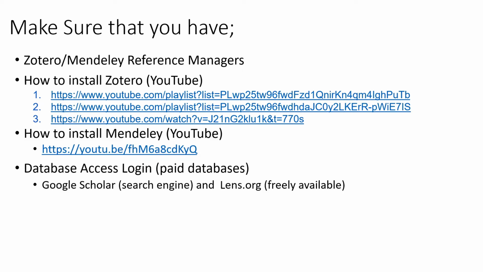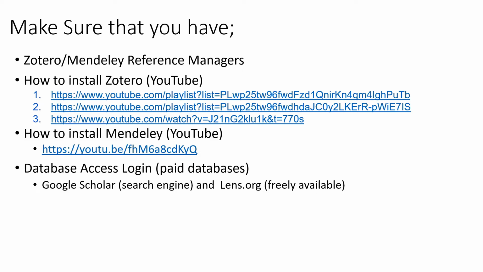You must have the Zotero and Mendeley reference managers. With these, I'm trying my best to introduce how to do this systematic literature review process, extracting the data from the databases. By using these two software, we can download the relevant file formats, which can be entered into the software that we use to run the necessary analysis.